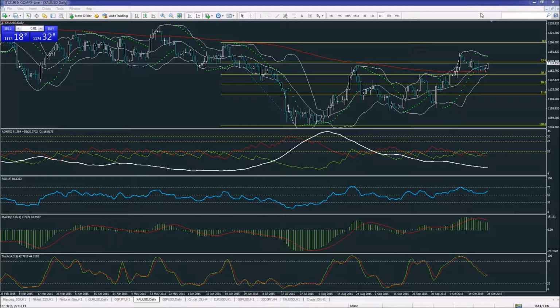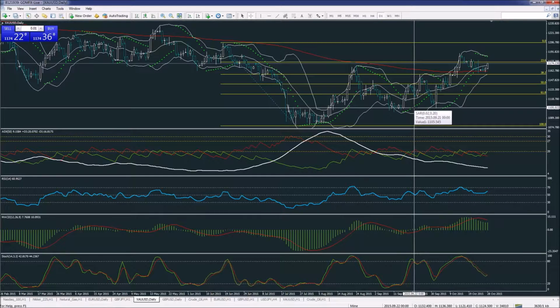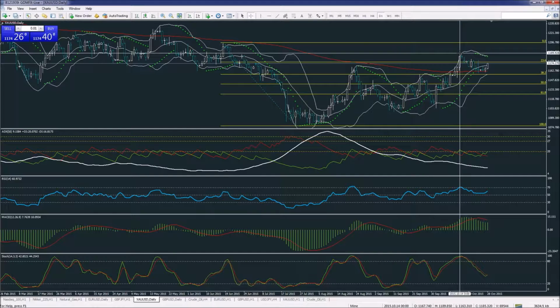Let me check. It's about September. We saw one more time 1100, close to 1100, and until recent days 1189. Now this is close to $100 in about 27 days. So this is a month, and we saw gold appreciating by $100.